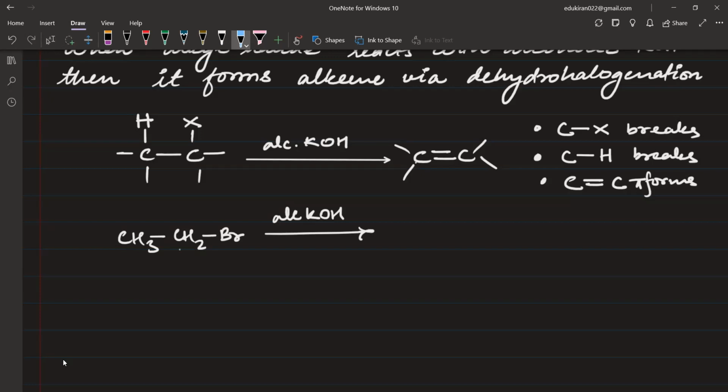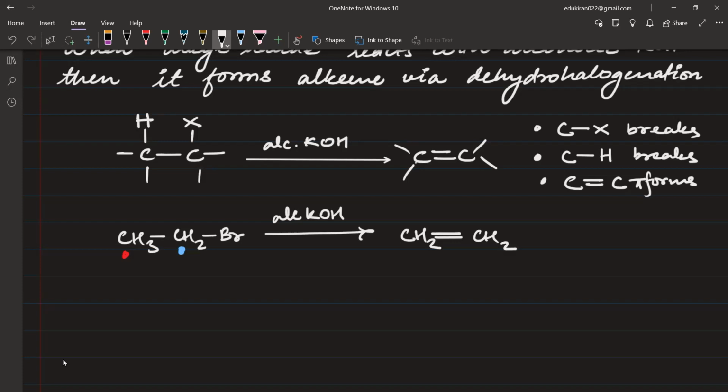You look at the carbon atom containing halogen. Then you have to identify the adjacent carbon atom. Now from the carbon with halogen, remove the halogen. From the adjacent carbon, remove hydrogen. So if I remove the hydrogen from the adjacent carbon, this will be CH2. And if I remove the Br, then this will also be CH2. And between these two, a double bond.